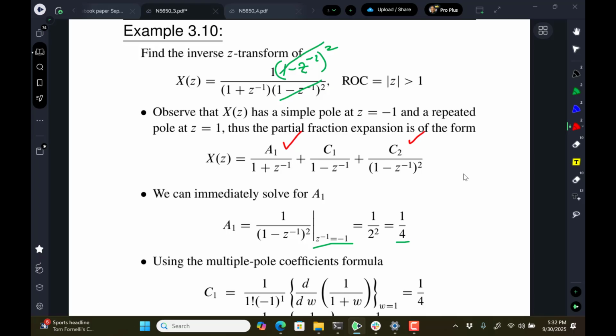So the technique that I learned a long time ago in circuits is if I only have to solve for one coefficient, I can just write an equation out to solve for one unknown. So what I do is I take the expression right here and I choose a z to the minus 1 not at a singularity.